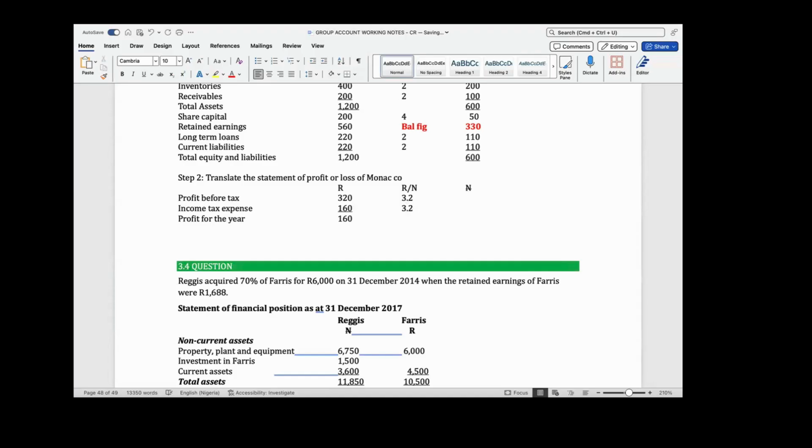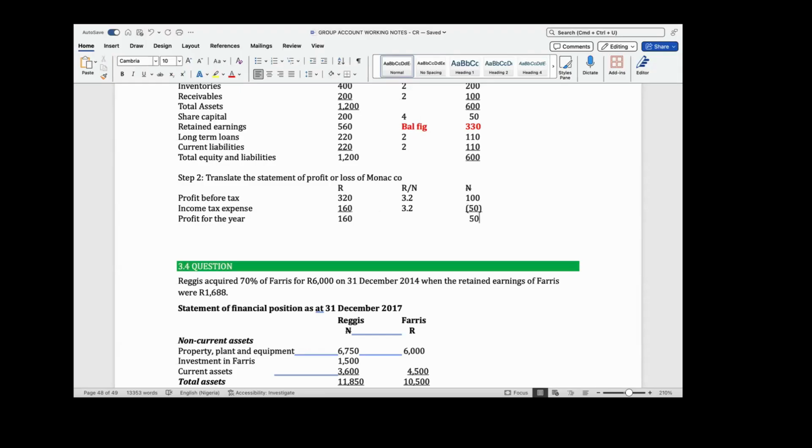So what do you have here? 100. What about here? 50. So what's the balance? 50.